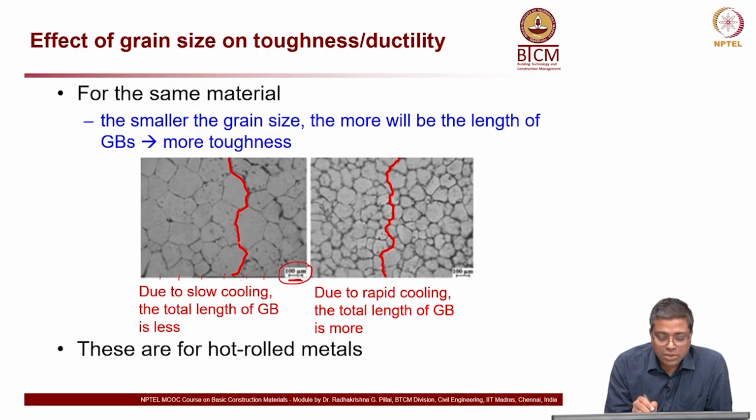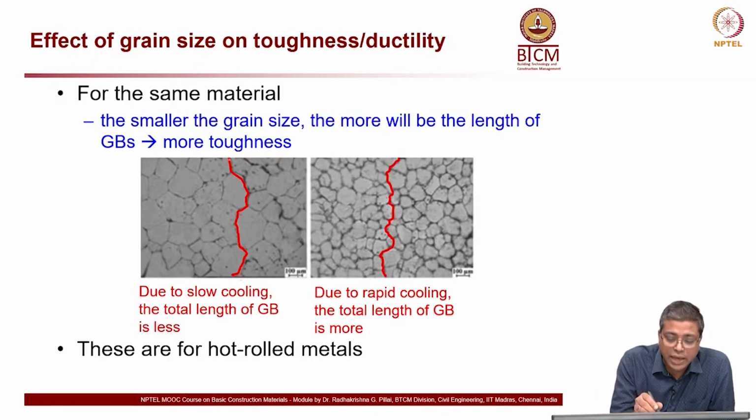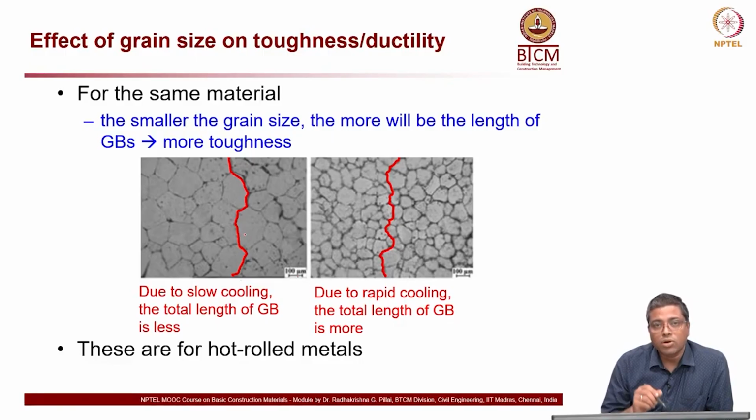Now, when you have larger grains, if you have a crack along the grain boundaries, this is the intergranular crack. If I try to measure the length of this red crack, the red line indicates the crack, the one on the left side will be shorter than the one on the right side.